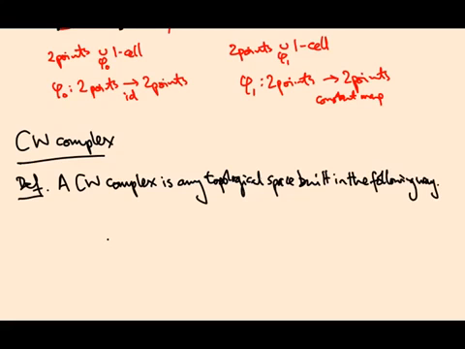You start off with the empty set, and then you start attaching 0-cells. So a 0-cell is just a point, right? It's the 0-dimensional disk. So you start with the empty set, you add as many 0-cells as you like, and you get some discrete space, just a bunch of points. Could be infinitely many. And then you add a bunch of 1-cells.